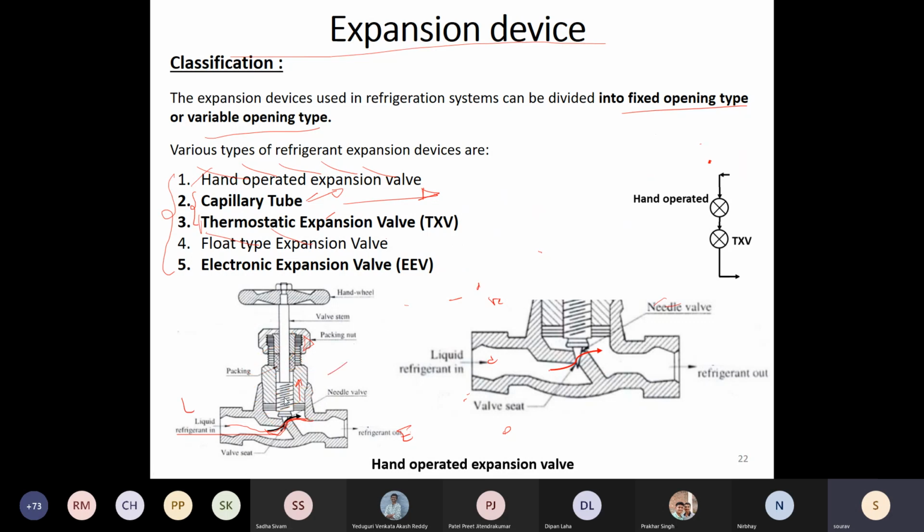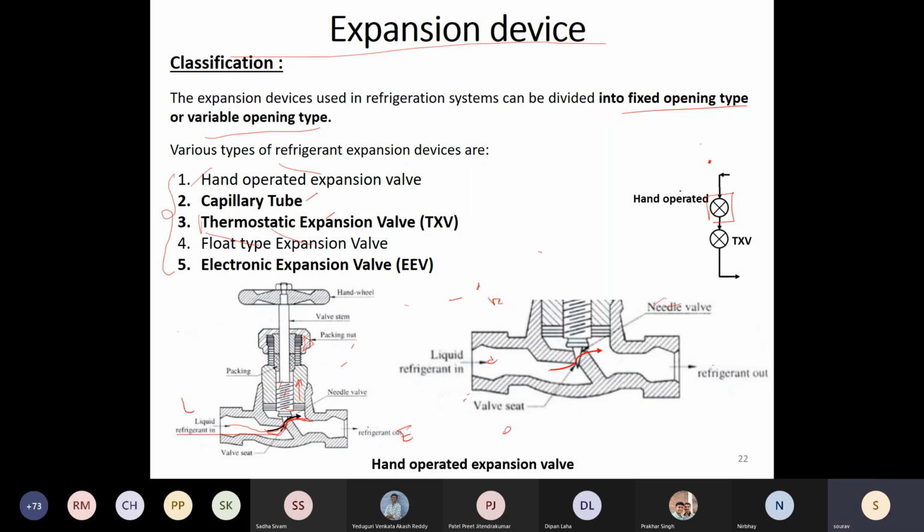So in our lab experiments, you would have actually seen the hand operated expansion valve. We place it normally along with another valve. When the system is not under operation, if we want to isolate the condenser and the evaporator, then we can just close the hand operated valve.